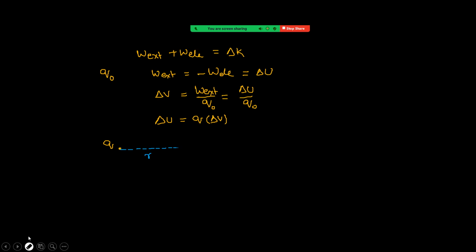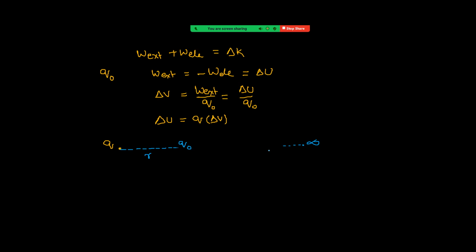So here what we want to calculate is the change in potential energy. For example, we are moving a charge Q naught from infinity up to this point.